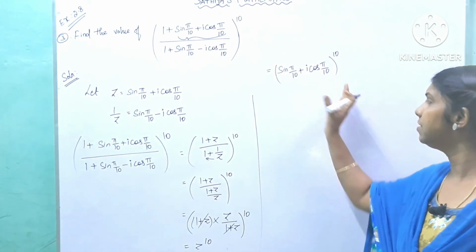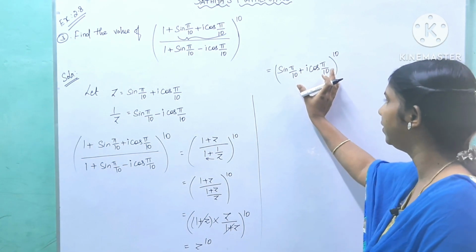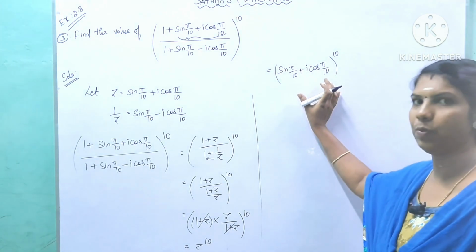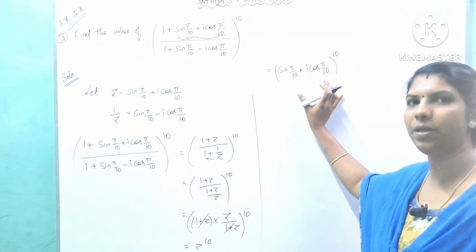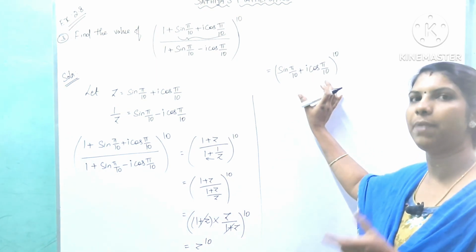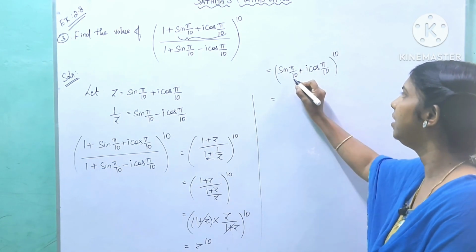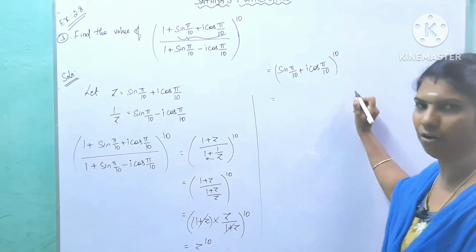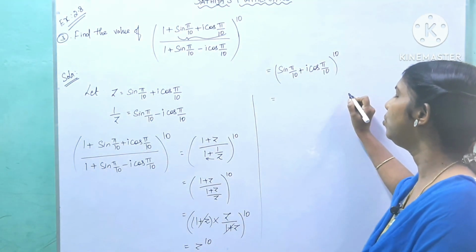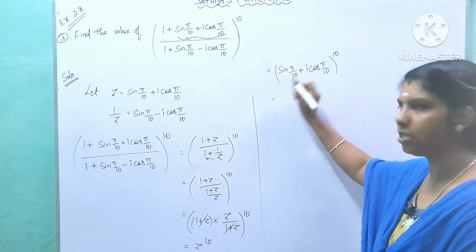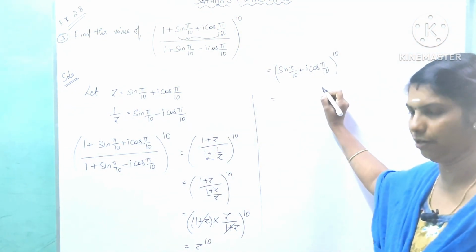But De Moivre's theorem cannot be used directly here, because to use De Moivre's theorem the complex number should be in the form cos theta plus i sin theta, that is, in the standard format. But here it is in the sin theta plus i cos theta format. So in order to use De Moivre's theorem, we have to write this in the cos theta plus i sin theta format.